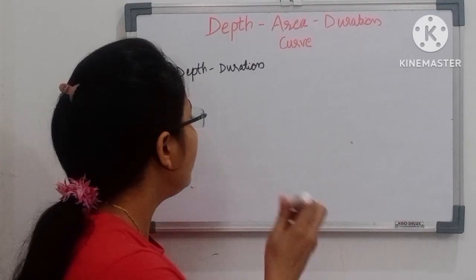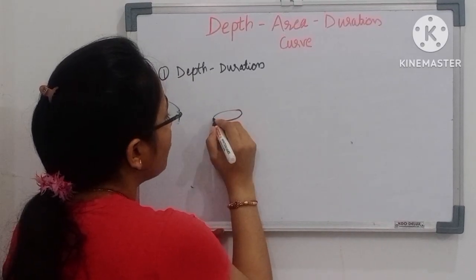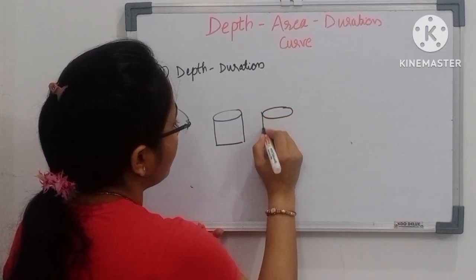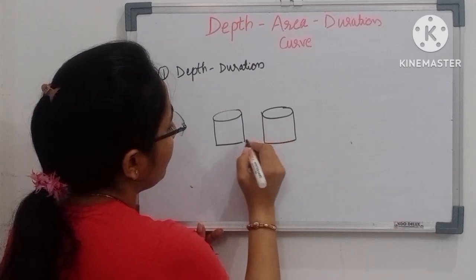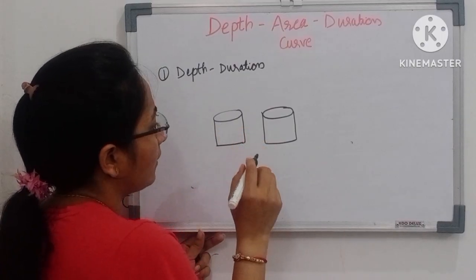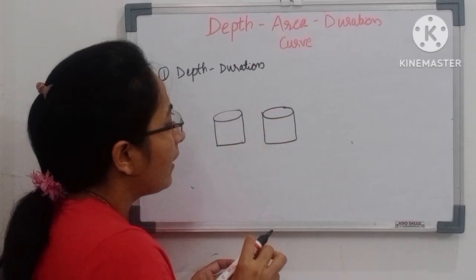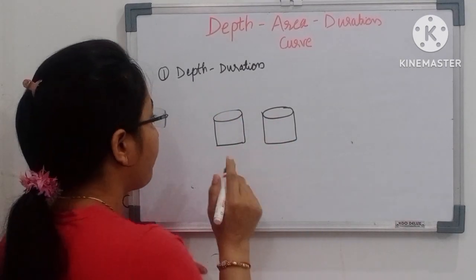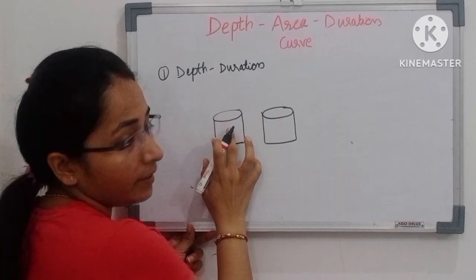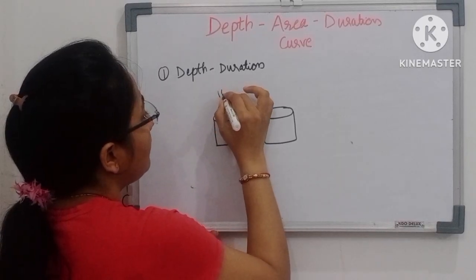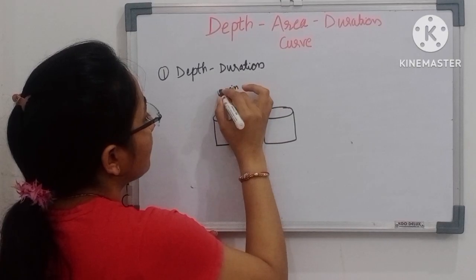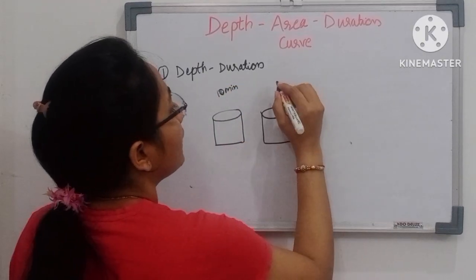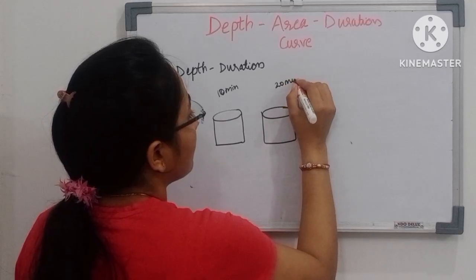So assume that there are two containers of the same area, same volume, over which the intensity of rainfall is the same. Rainfall occurred here for 10 minutes, and the same intensity rainfall occurred here for 20 minutes.